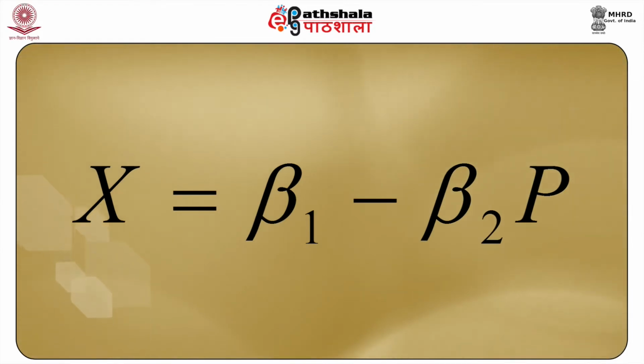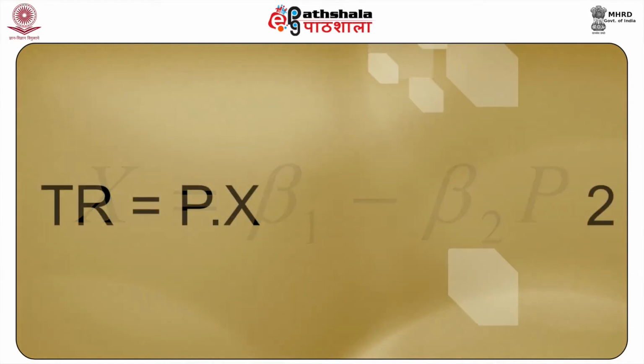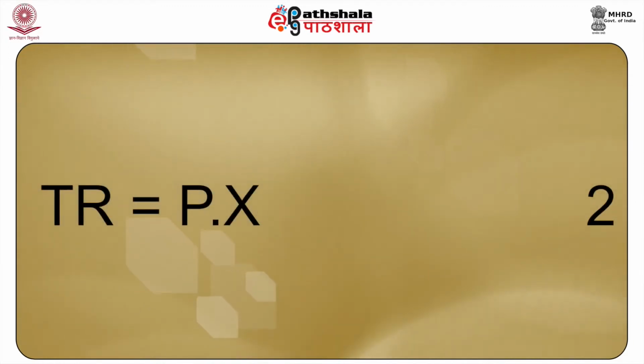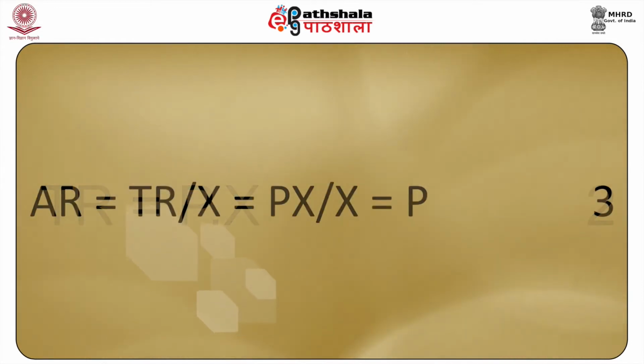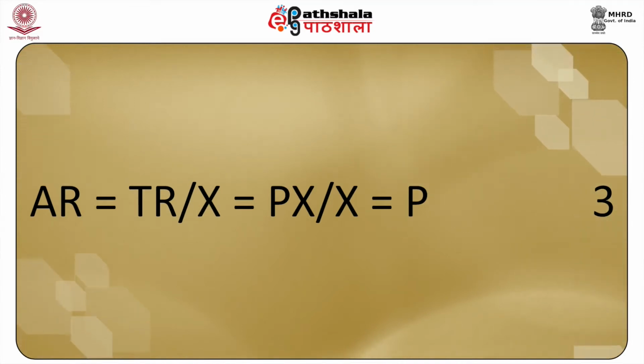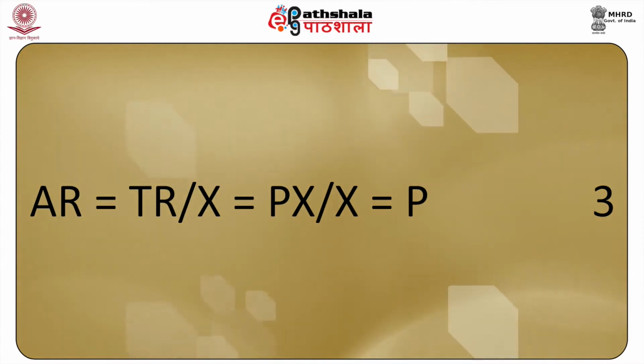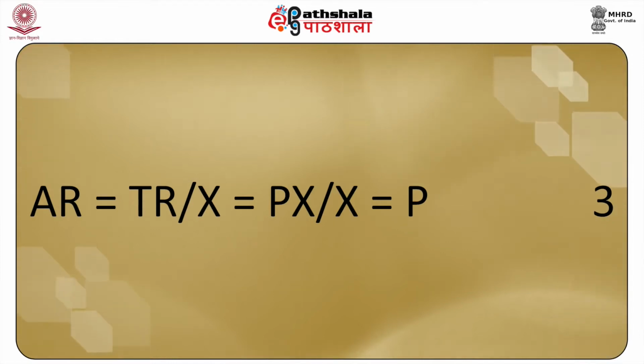Let it be called equation number 1. The total revenue, that is TR, is equal to P into X. Let us call this equation 2. The average revenue function is equal to TR divided by X, which is equal to PX divided by X, which is equal to P.